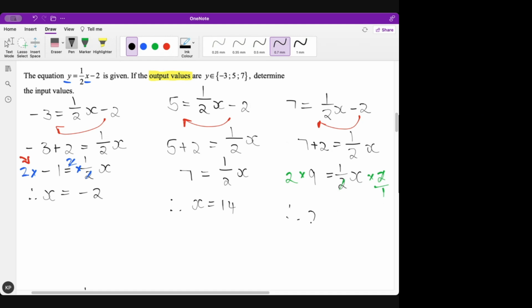Therefore, x is 18. Then you write them out like they have written the output values for you. So you'll say that means our input values, x is an element of negative 2, 14, and 18. All right. Makes sense? Hopefully it does.